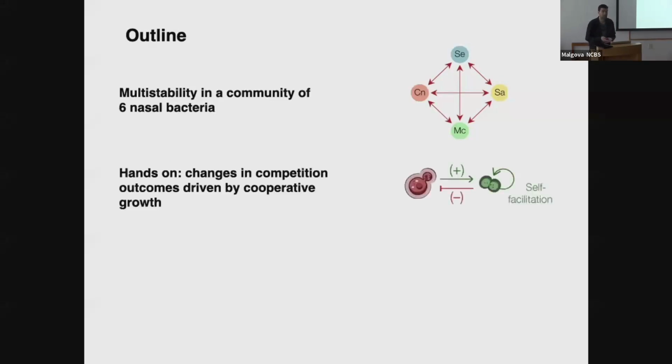Then we will move into the exercise itself, which is to analyze the changes in competition outcomes driven by cooperative growth. So in this Lotka-Volterra model, if we have 1 or 2 species also experiencing an Allee effect, or cooperative growth, how will these competitive outcomes change?